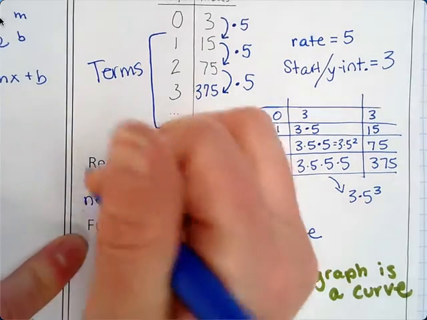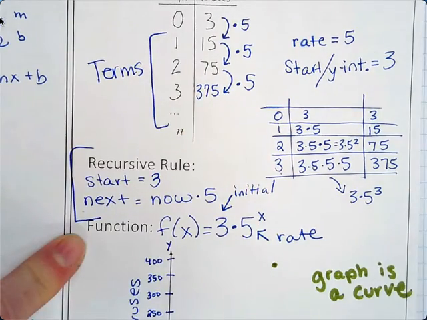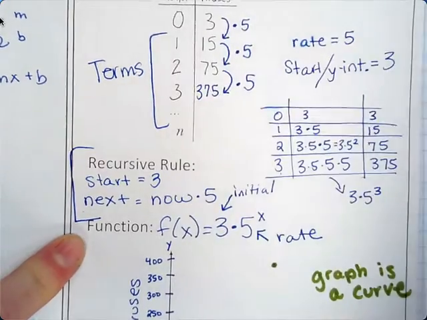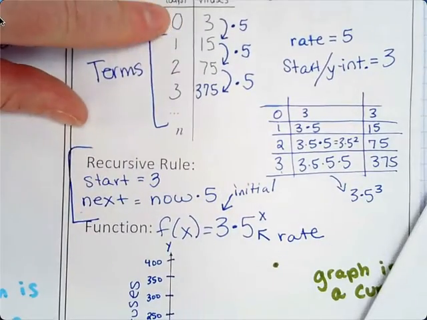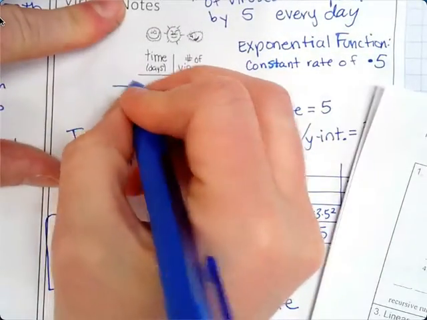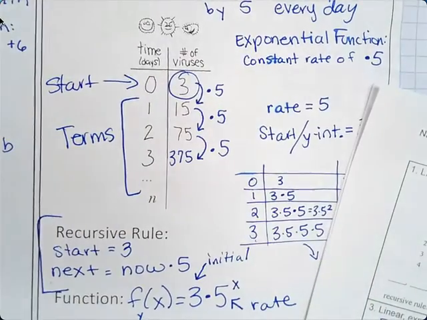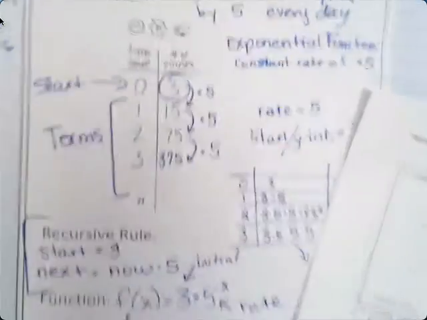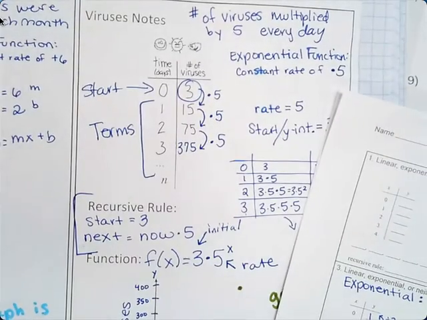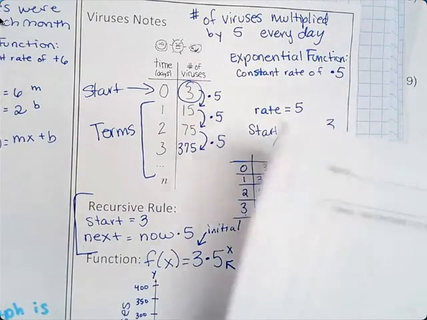So this is how we will write our recursive rule. On this one, whenever I say start, that's our 0 value. So this is the start. So that's the 3. So we do use that 0 value or 0 term.